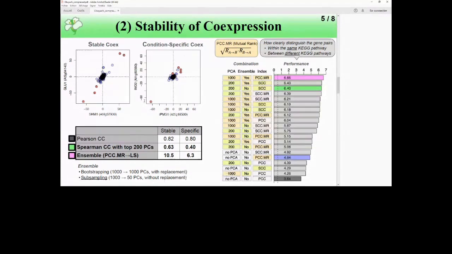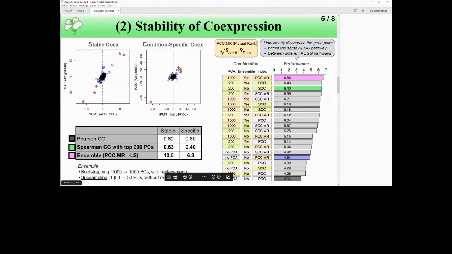That means this kind of super dominant condition or super dominant data is almost always picked in the 1,000 samples, and always hides the other data. So subsampling is better in this case.